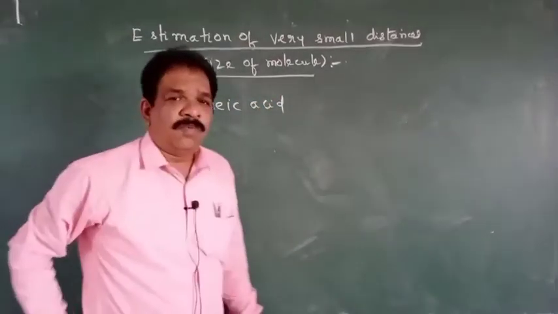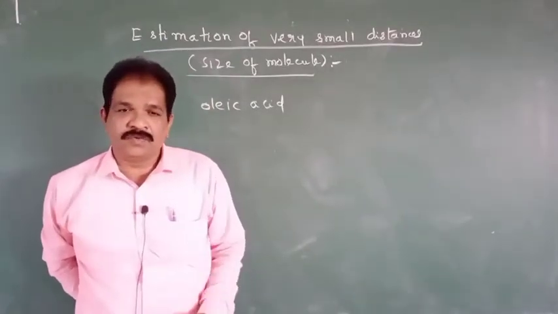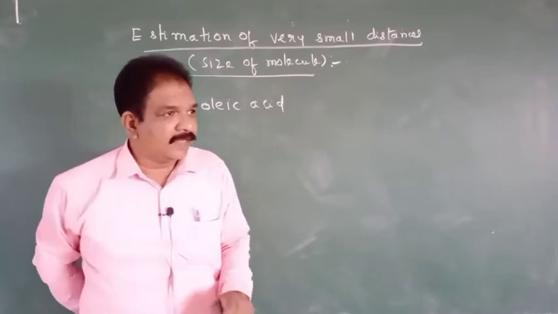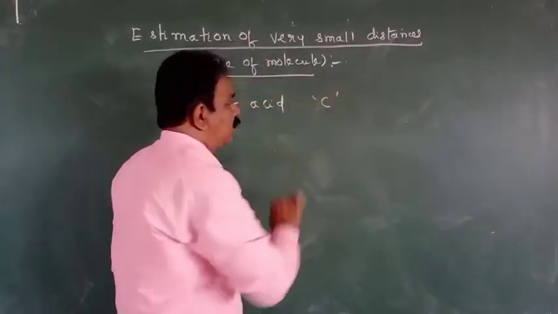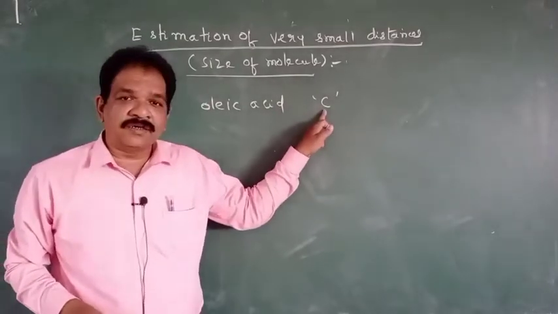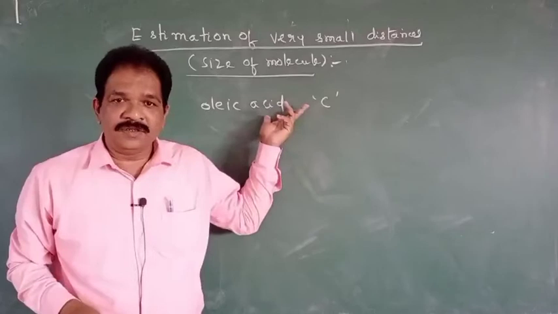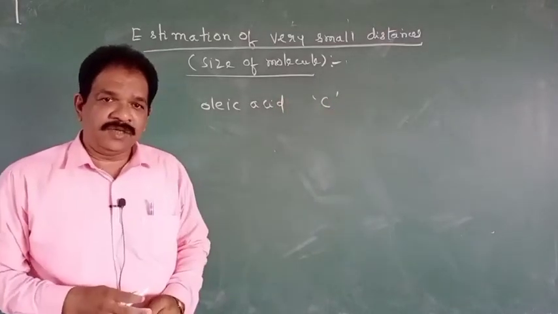What is the molecule size of that oleic acid? We had to find out. This oleic acid of concentration C we are taking. Any liquid, any solution of concentration C we had to take.